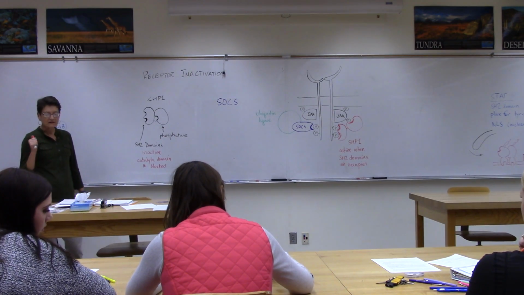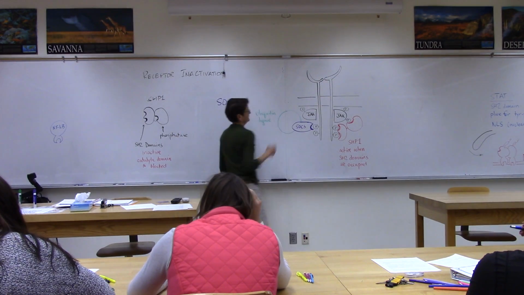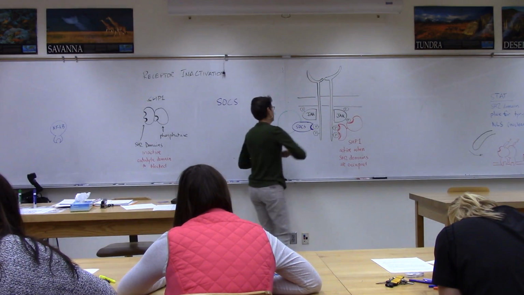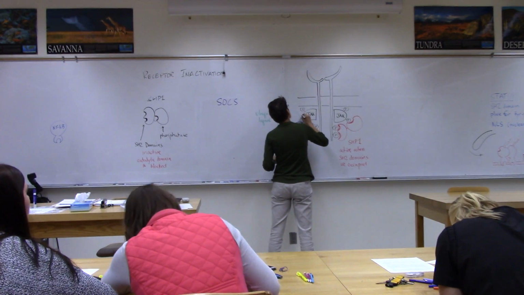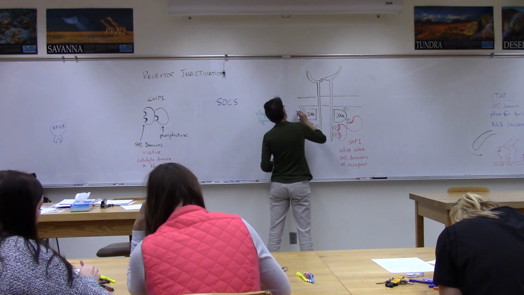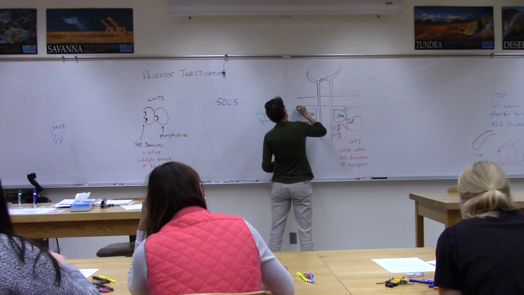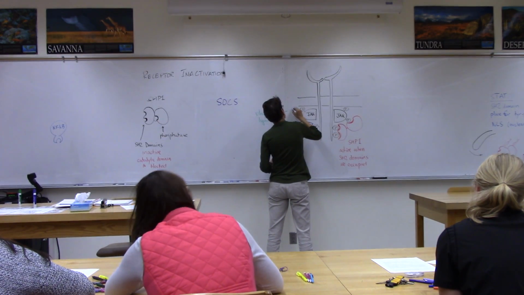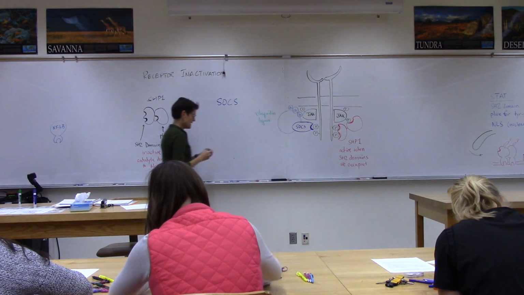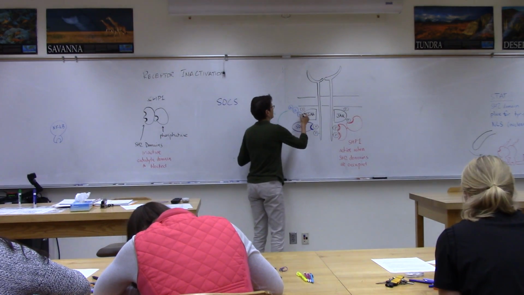Probably the easiest thing to ubiquitinate is JAK. So JAK becomes polyubiquitinated, not a good thing, and that leaves JAK to be destroyed in a proteasome.